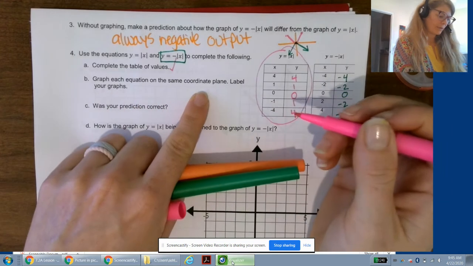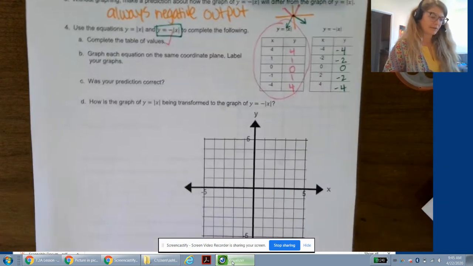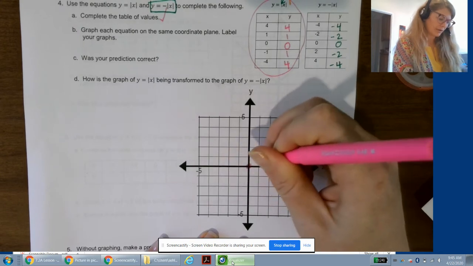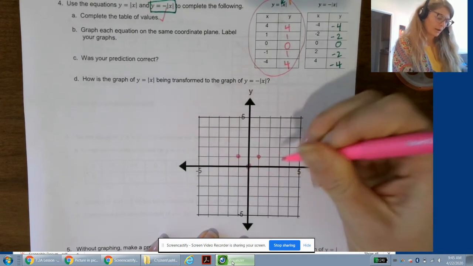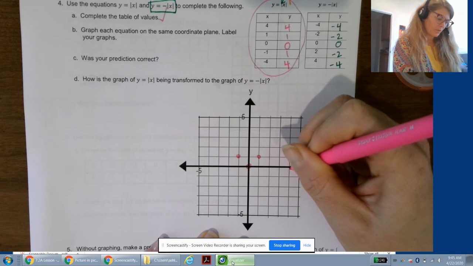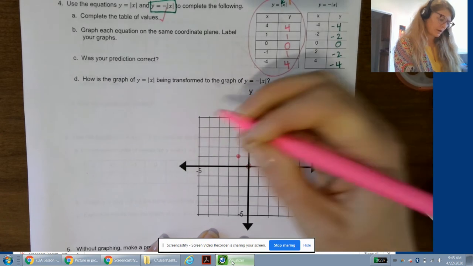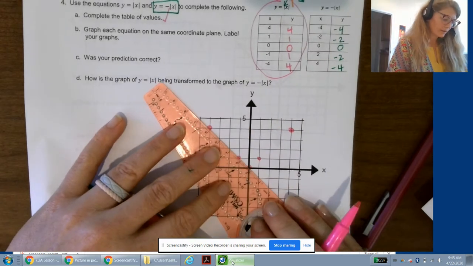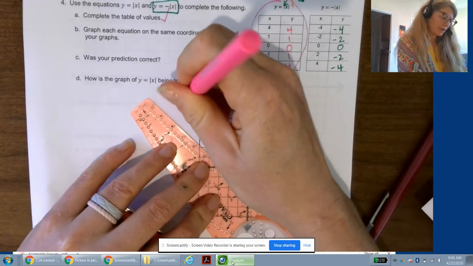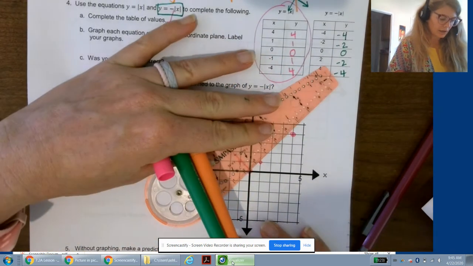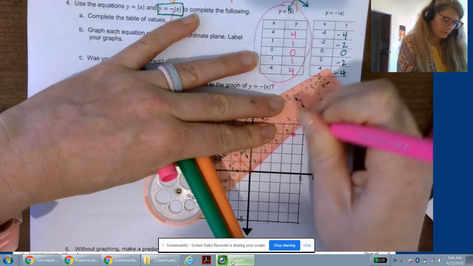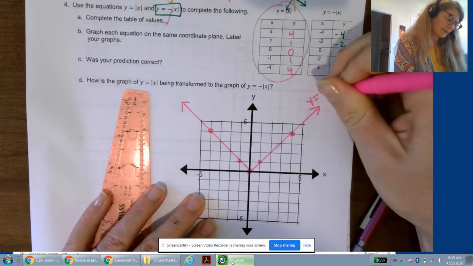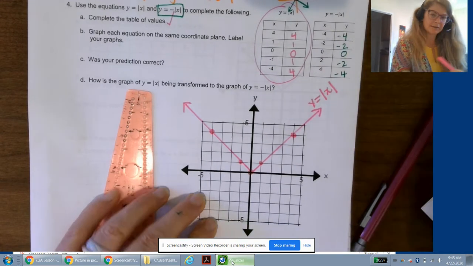Graph each equation in the same coordinate plane and label your graphs. Okay, so we're going to have our parent function, 0, 0, 1, 1, negative 1, 1, 4, 4, negative 4, 4. It is helpful to use 2 colors here, but not necessary. So that's our parent function. I'm going to label it y equals the absolute value of x.